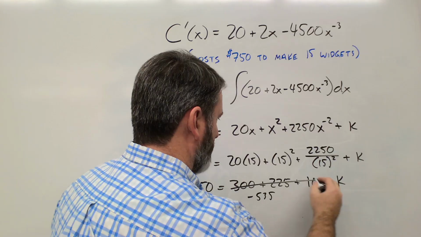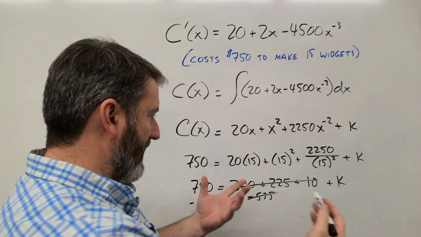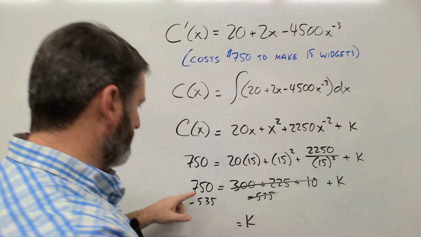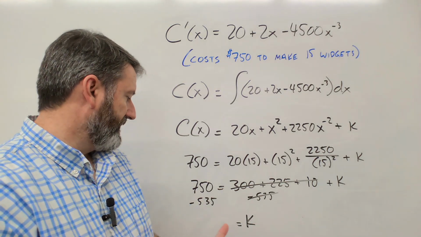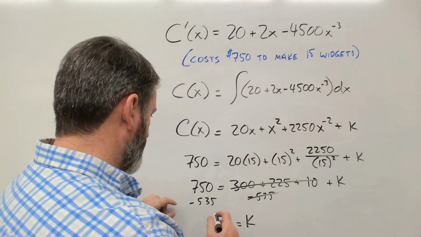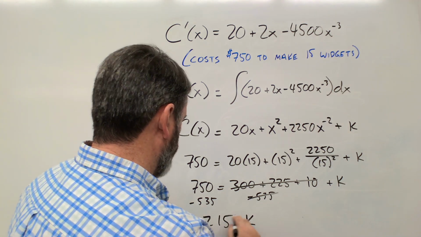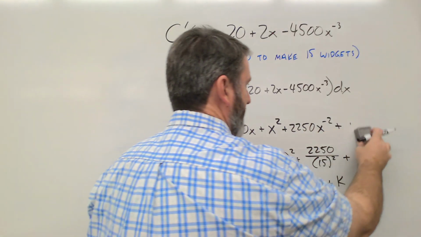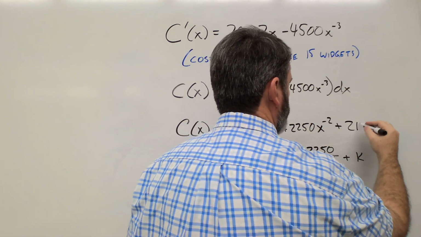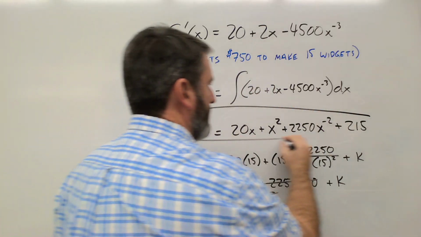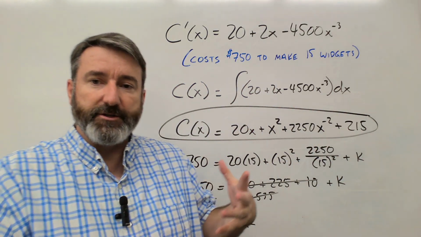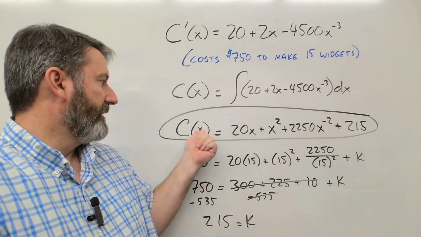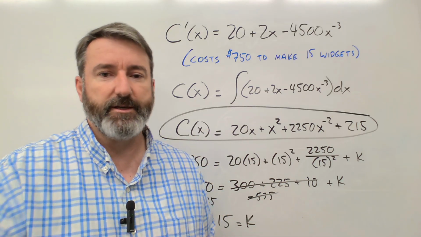And so all of this minus 535 will add to 0. And so we're going to get that k is equal to 750 minus 535, which is going to be 215. And so now we can go back up and we'll replace that k with 215. And now we have a cost function that's going to define our costs given however many widgets we have produced.